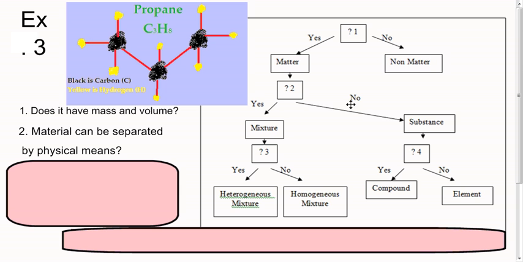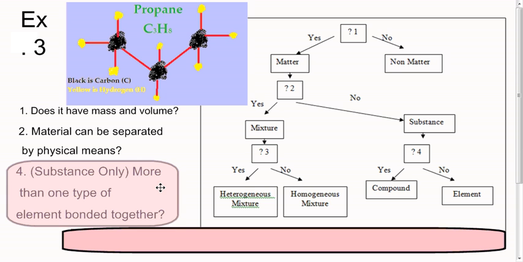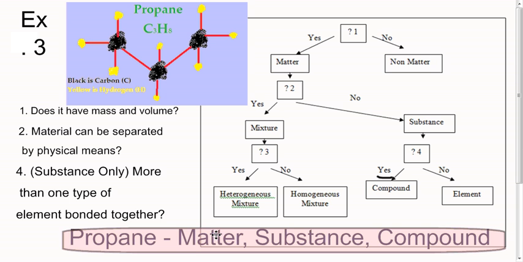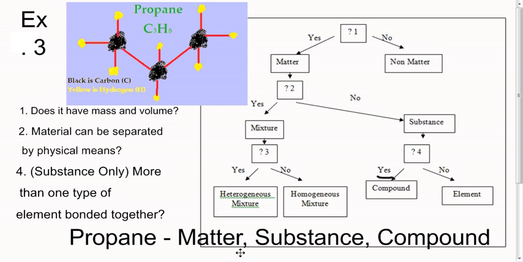The answer is no. That makes propane a substance. And the final question, does it have more than one element bonded together? The answer to that is yes. So that makes propane matter, a substance, and a compound.